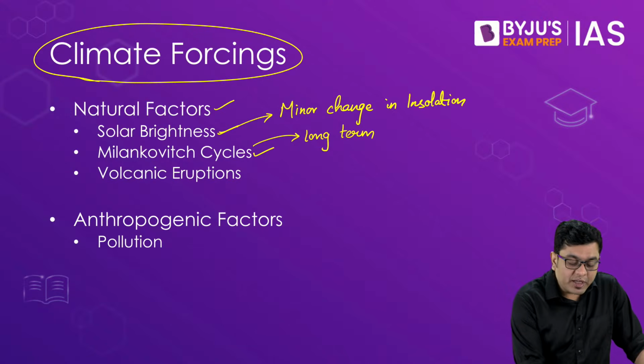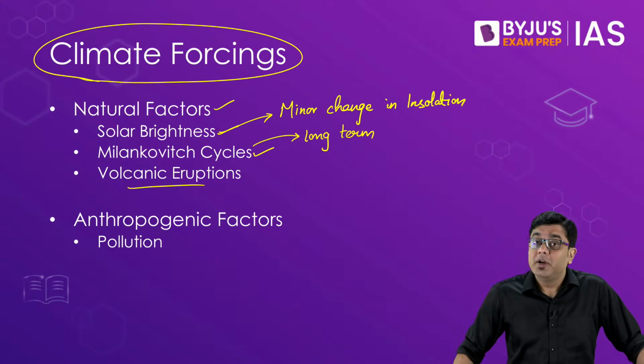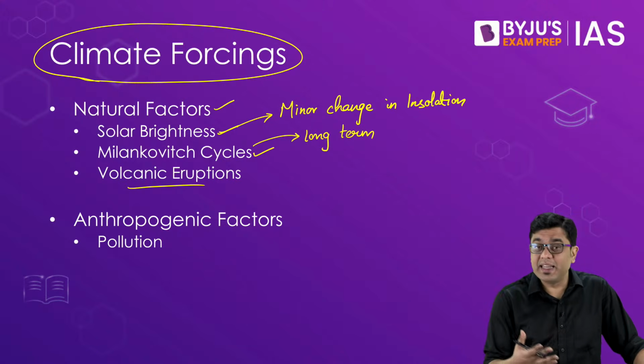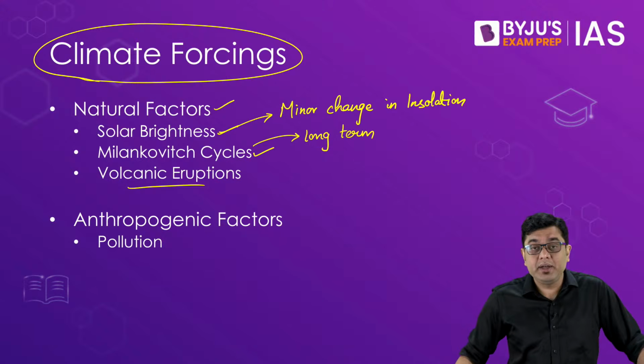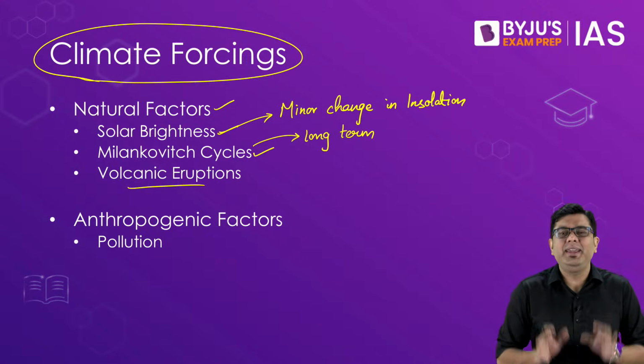Then we have the volcanic eruptions. Whenever we come across a volcanic eruption, you have gases such as carbon dioxide, in certain cases carbon monoxide, and other gases which are immediately released, a lot of water vapor. So that brings about a sudden heating.